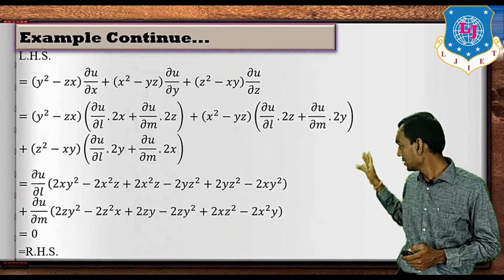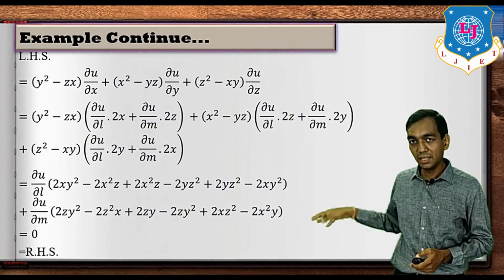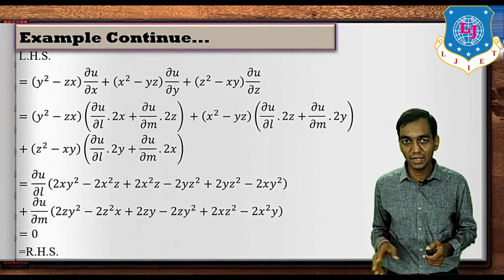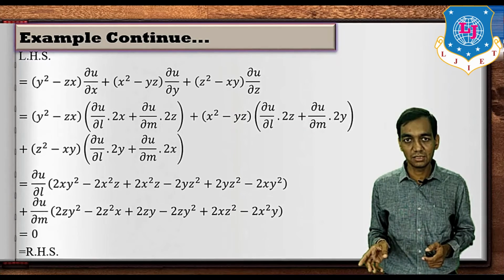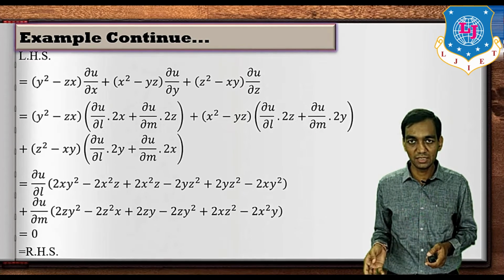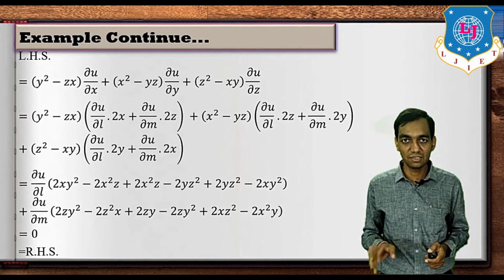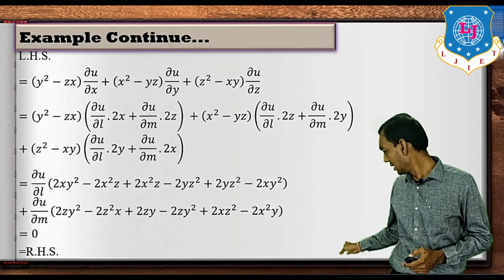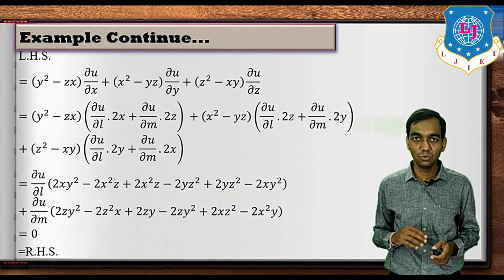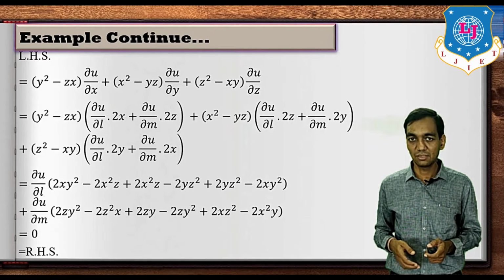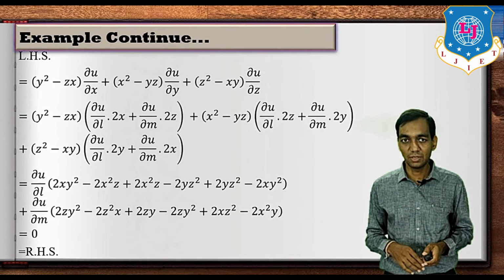Putting the values of del u by del x, del u by del y and del u by del z, simplifying it and combining the terms with del u by del L and del u by del M, you will have del u by del L into (2xy square minus 2x square z plus 2x square z minus 2yz square plus 2yz square minus 2xy square) plus del u by del M into (2zy square minus 2z square x plus 2z square y minus 2zy square plus 2xz square minus 2x square y).